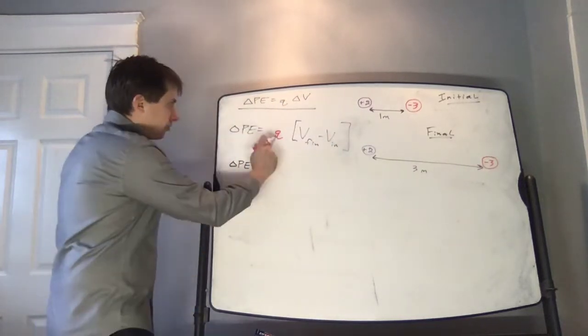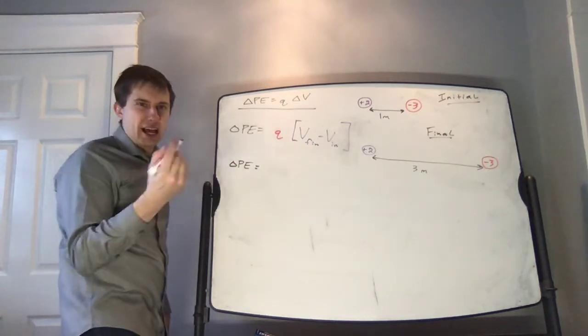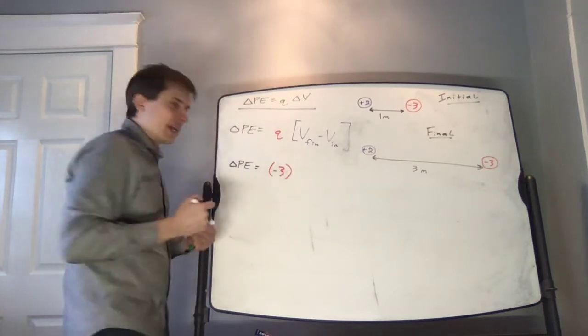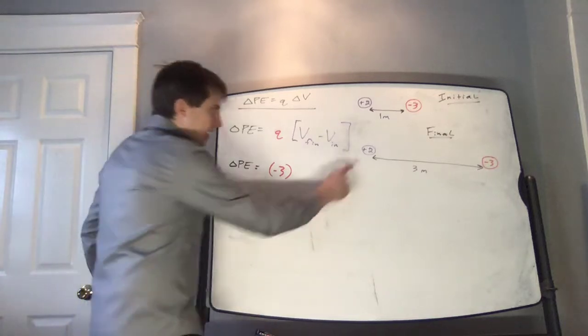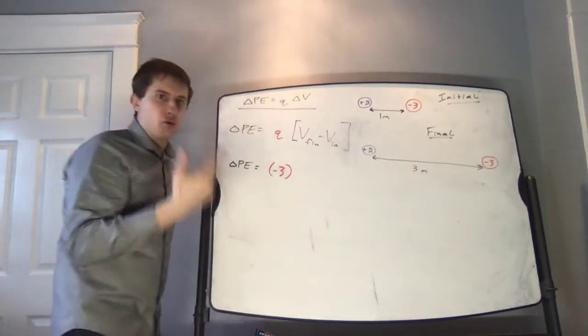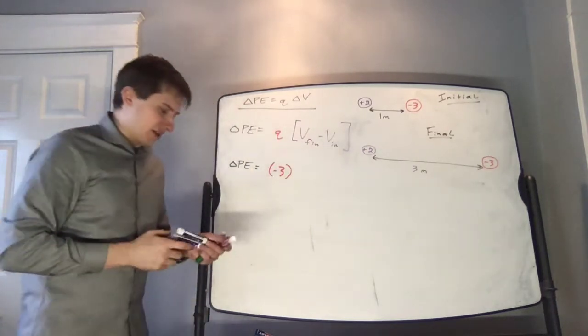So here, when I plug in a number for Q in this equation, I need to include the sign of the charge. So in this case, Q will be -3. And because I did not change anything about the sign or magnitude of this charge or the initial and final distance away, I'm still going to get the exact same thing for V final minus V initial.